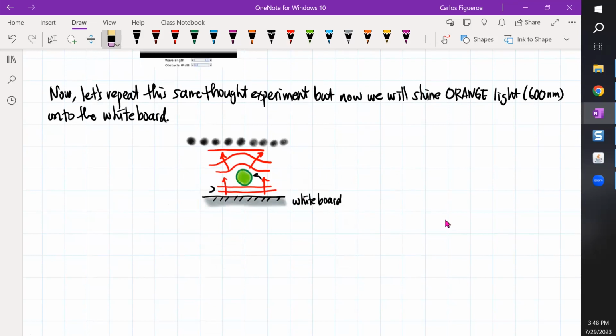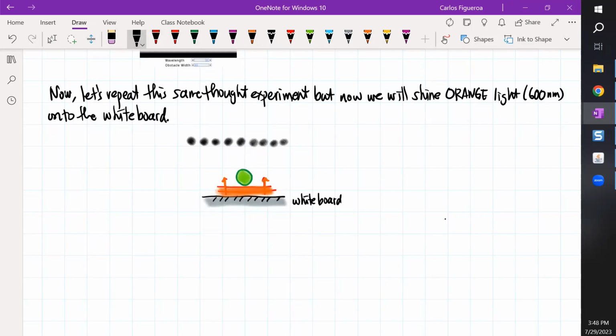And what we're really talking about is that now we have orange light that's reflecting. So the question is, what is this orange light doing as it now interacts with the head?